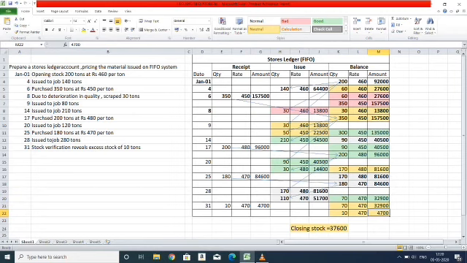So on the closing date, January 31st, we have 70 tons at a rate of 470, amounting to 32,900, plus 10 tons at the rate of 470, amounting to 4,700. So our closing stock is 32,900 plus 4,700, which is equal to 37,600.